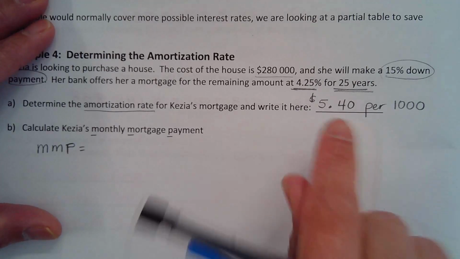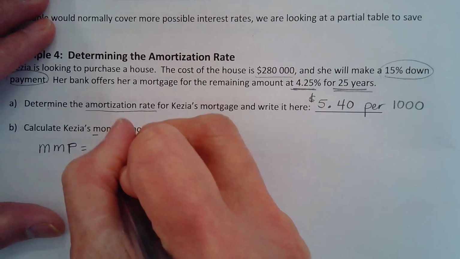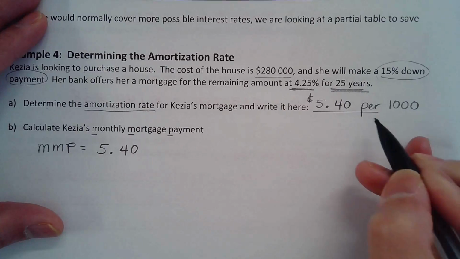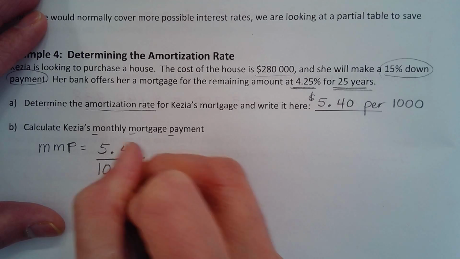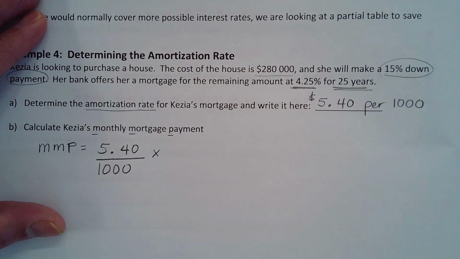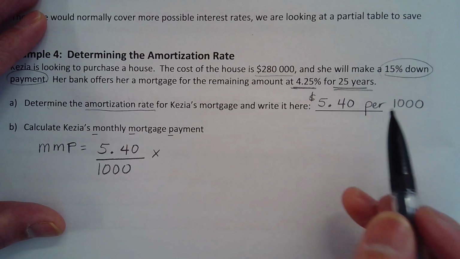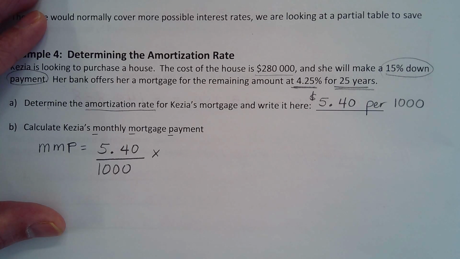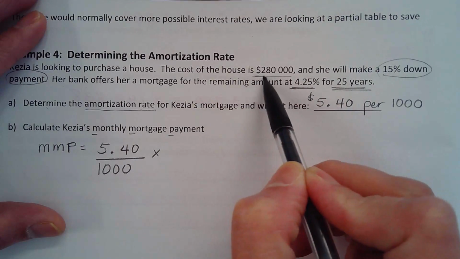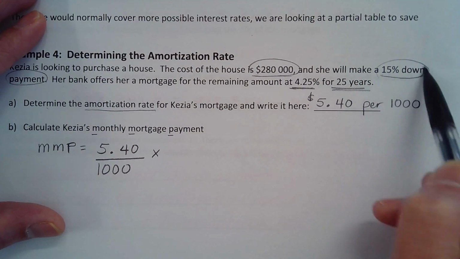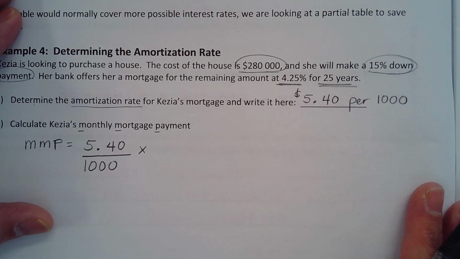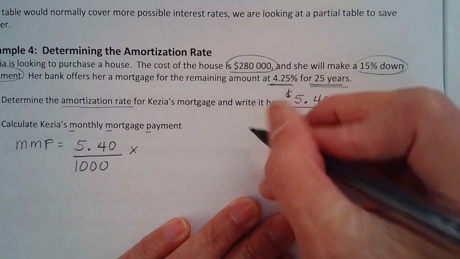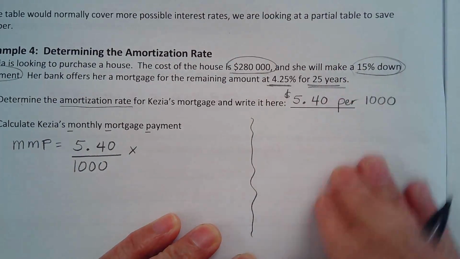Okay, so what's the monthly mortgage payment? We're gonna look at the amortization rate, $5.40 per, which means divide by 1,000, times her loan. How much is her loan? 280,000 is the cost of the house, and she would have to put 15% down. So what we need to do is figure out the amount of the down payment. Let's go to the side notes here.